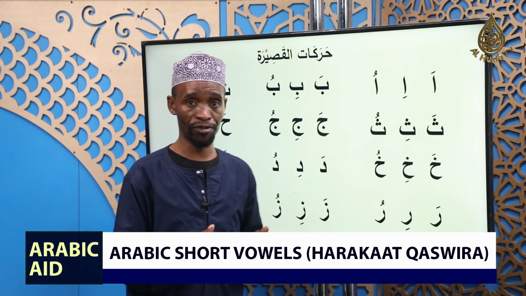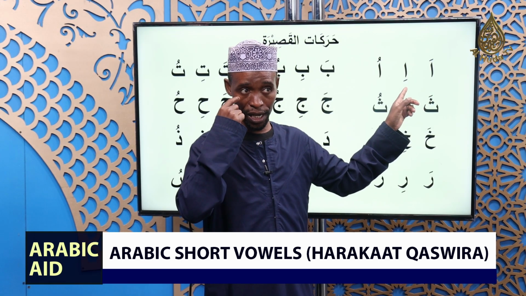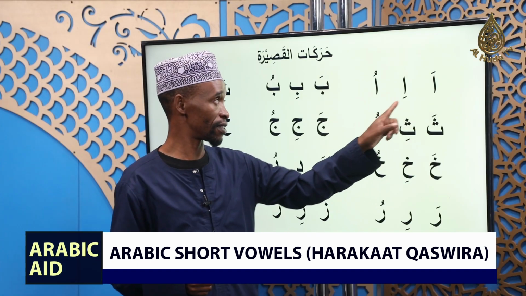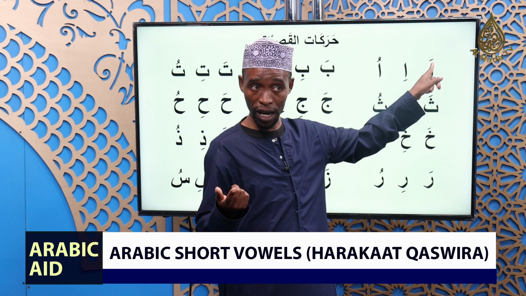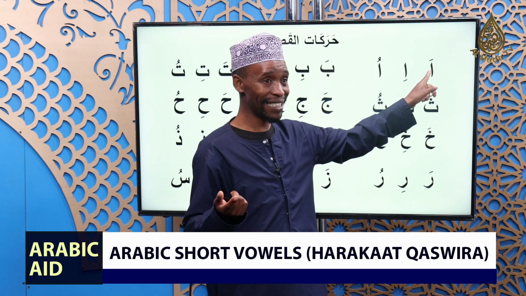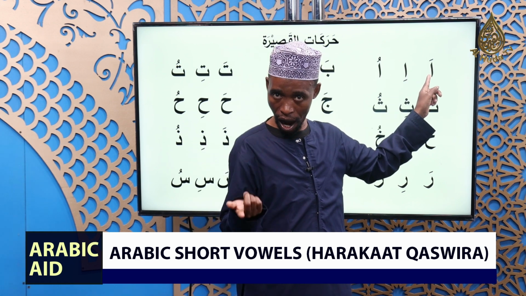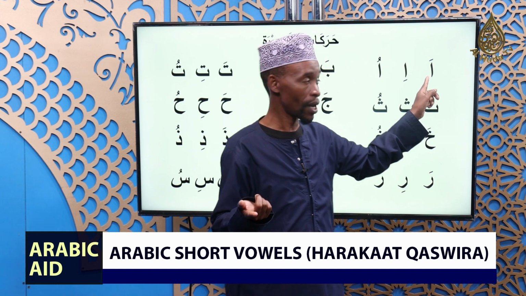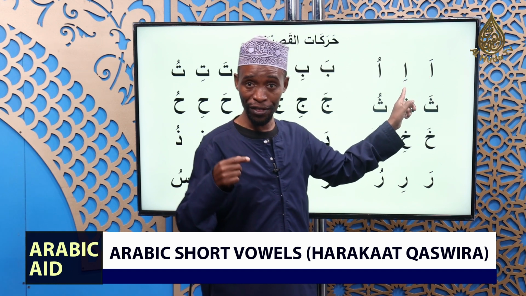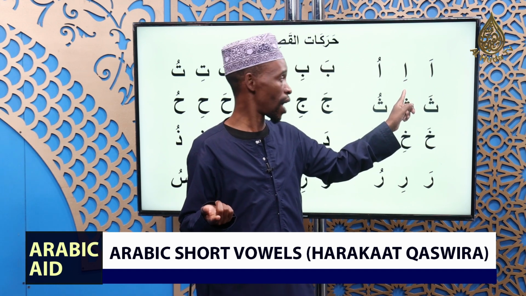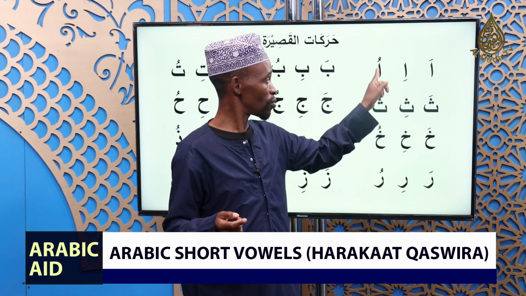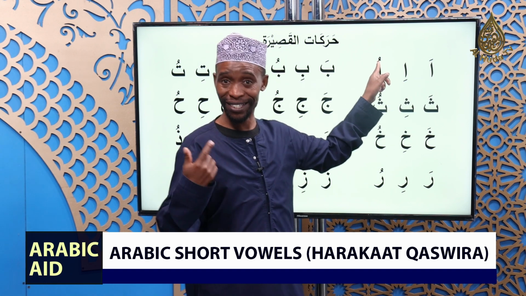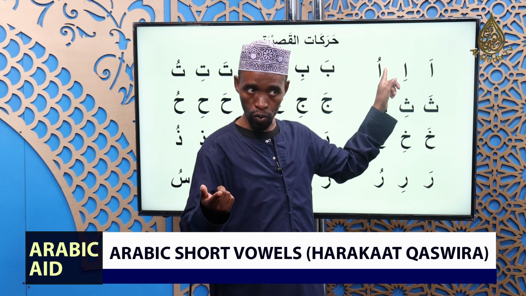Starting with alif, try to sound out everything you see. Like this. Alif has a fatha, so it sounds as A. Alif with kasra sounds as E. Alif with dhamma sounds as U.